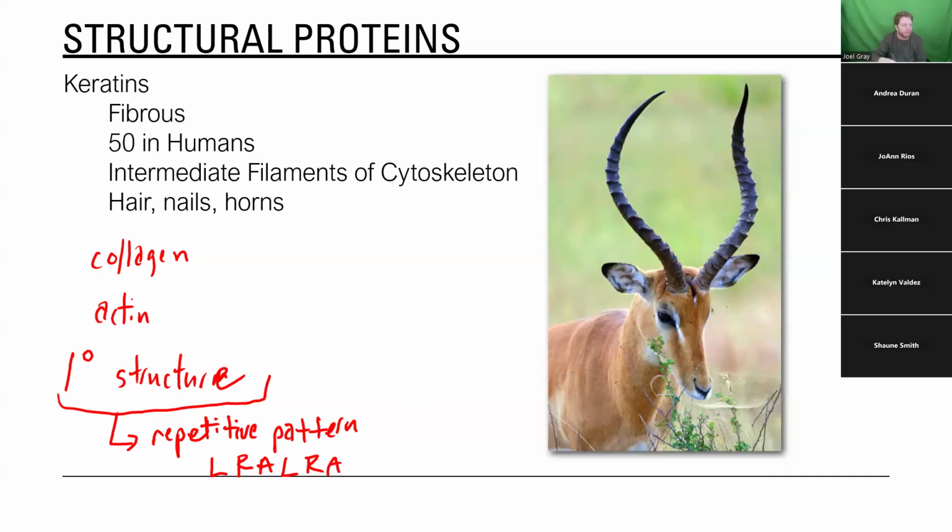This is just an example to illustrate what I'm getting at. And they will have LRA, LRA. So the peptide is those three amino acids, but I'm going to put this in parentheses, 600 times. Those 12 amino acids repeated 600 times over. That's kind of the nature of structural proteins. They have simple, repetitive sequences.